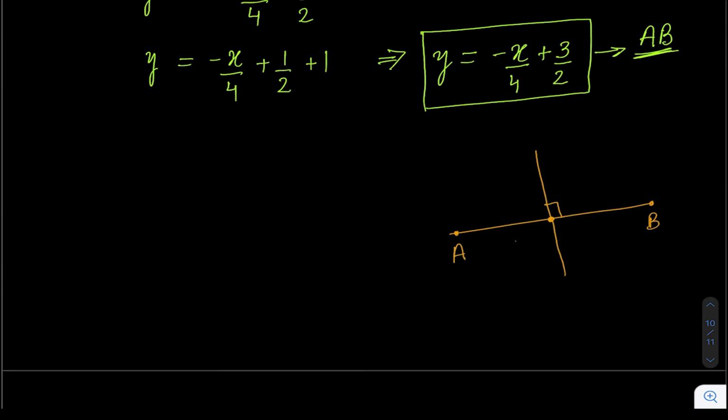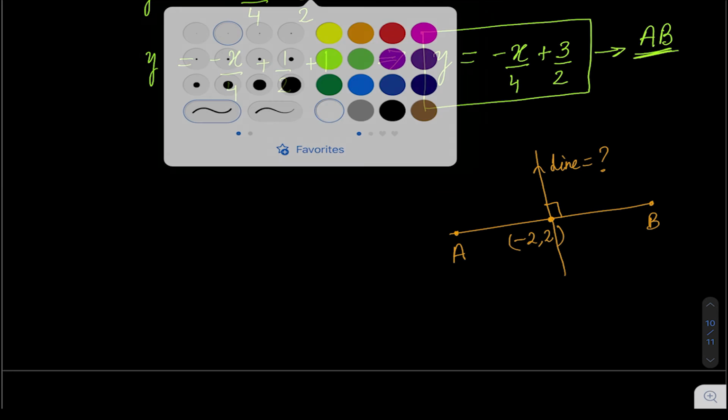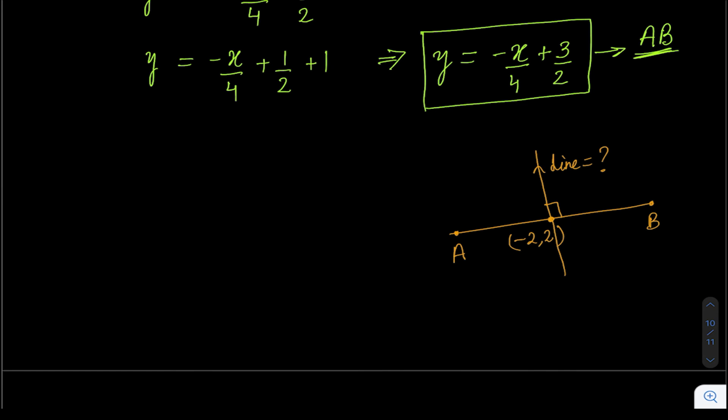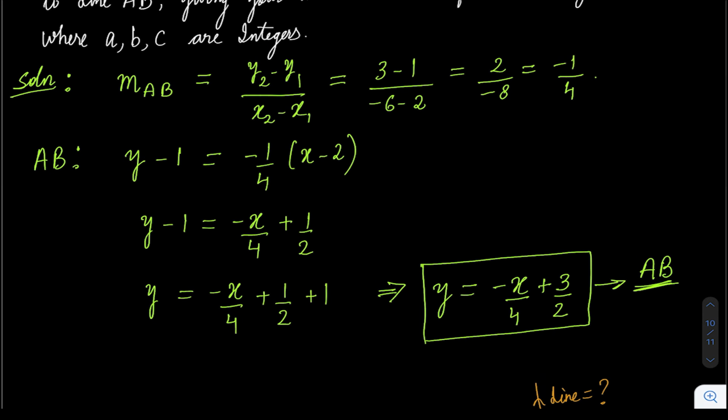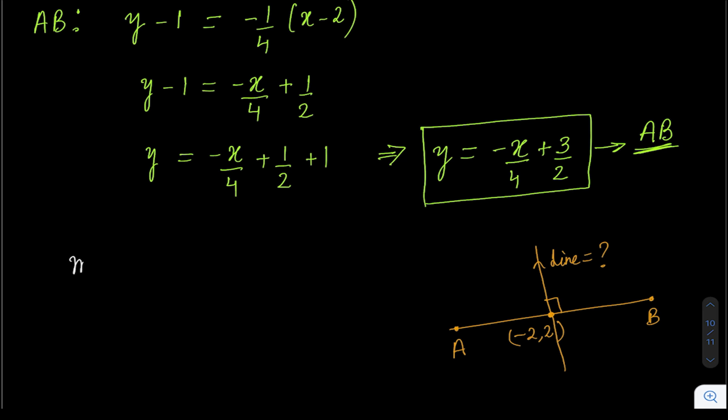The midpoint we found is minus 2 comma 2. So we need to find the equation of this line which is perpendicular to AB. We know when two lines are perpendicular, the product of their gradients is minus 1. The gradient of line AB we found as minus 1 over 4.